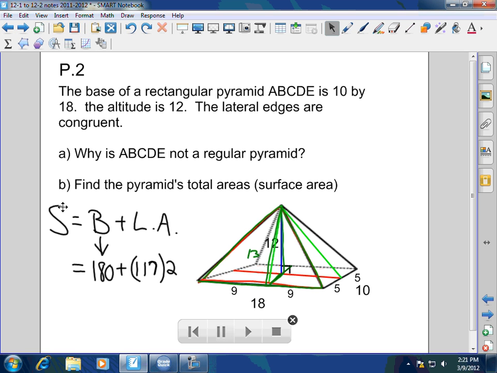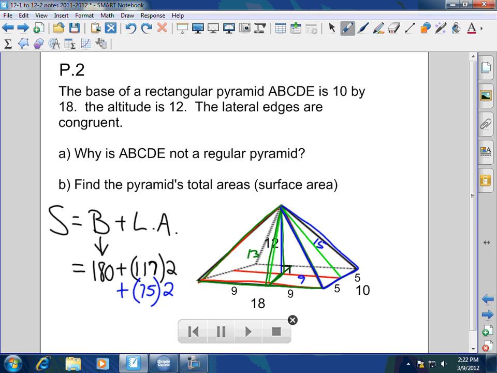Now, let's get this triangle, okay? Now, this was 12. This is 9. So that's a 3, 4, 5 times 3. So that slant height is 15. So plus 10 times 15, which is 150, divided by 2, but times 2 of those triangles.